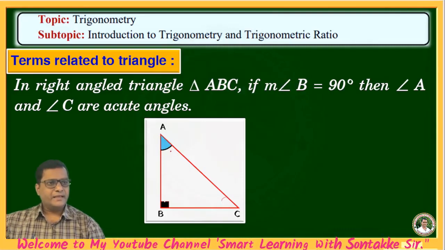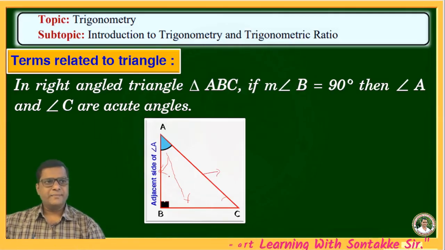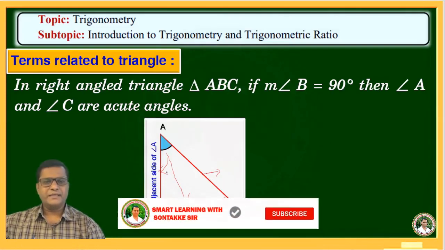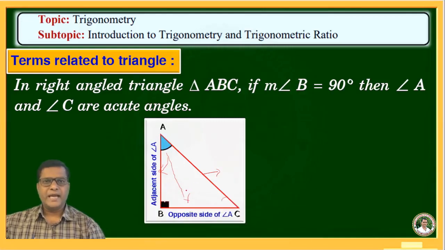If we consider angle A, side AB is the adjacent side of angle A and side BC is the opposite side of angle A, and this AC is the hypotenuse. See in figure, the adjacent side of angle A is side AB and side BC is the opposite side of angle A and AC is the hypotenuse.